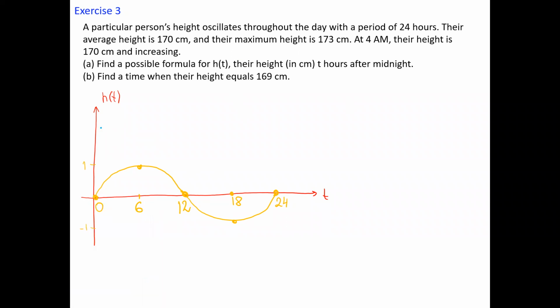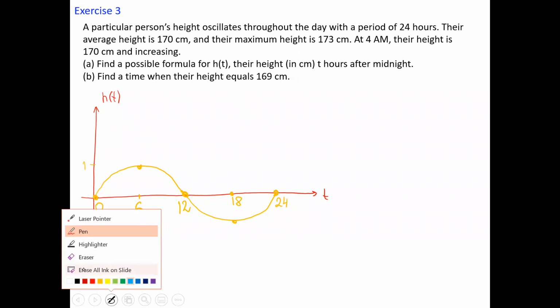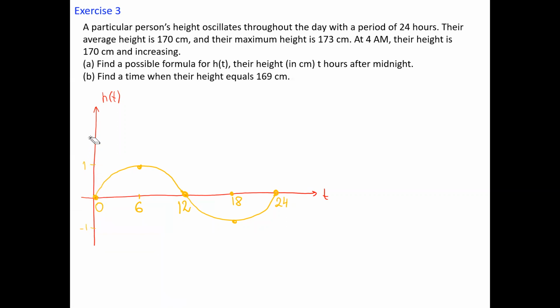I will pretend that 170 is maybe here, and 4. The point 0, 0 is moved here. This will be 170, and that's the midline. And it's moved here, which means this is 4 hours, 4 a.m.